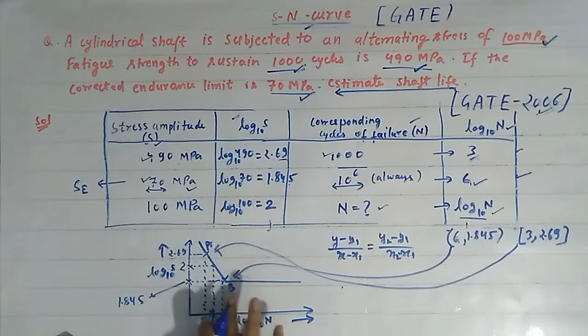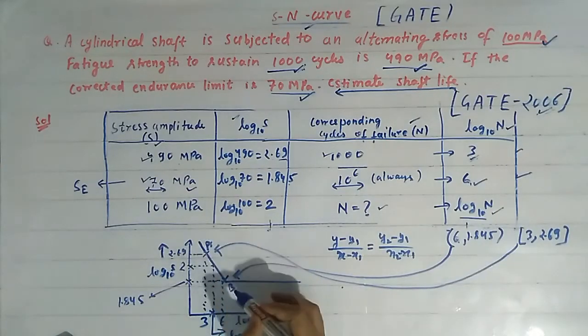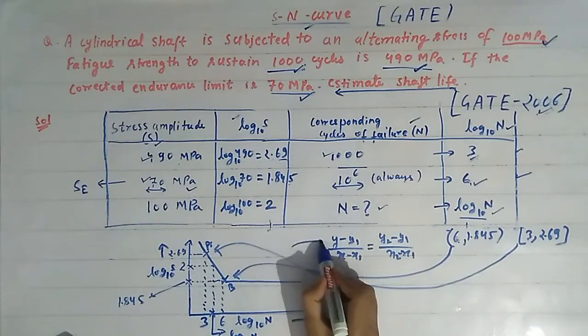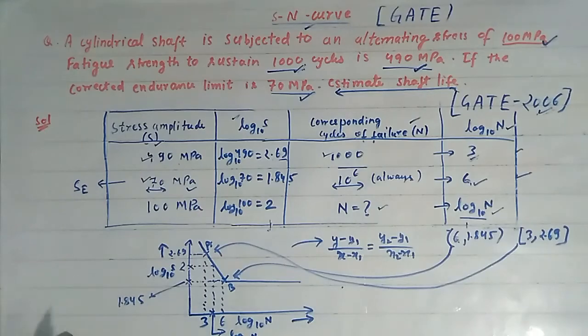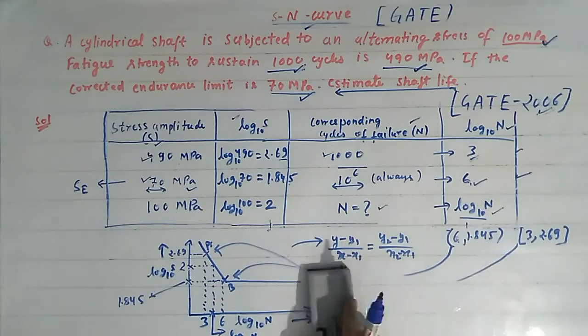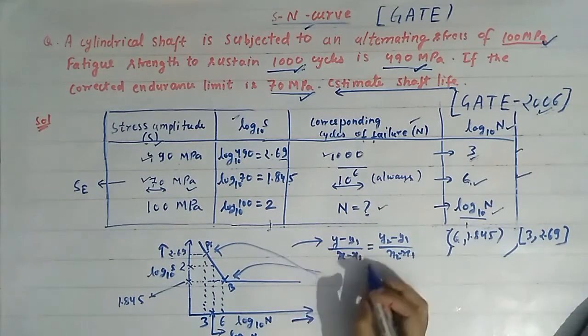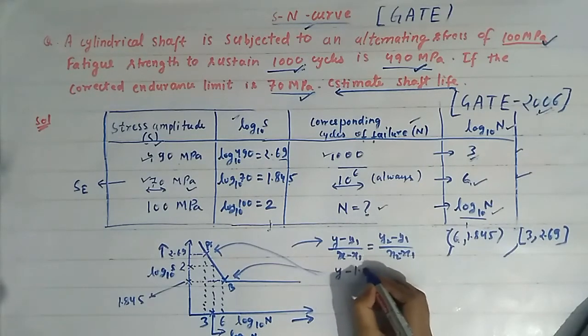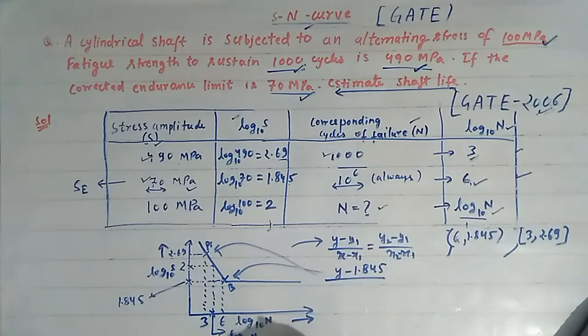So we have to find the equation of this line, and the coordinates of point A and point B are known to us, and the equation of a straight line can be given by this formula. So I will write the equation of the straight line. y minus y1, y1 is 1.845, and x minus x1, x minus 6.